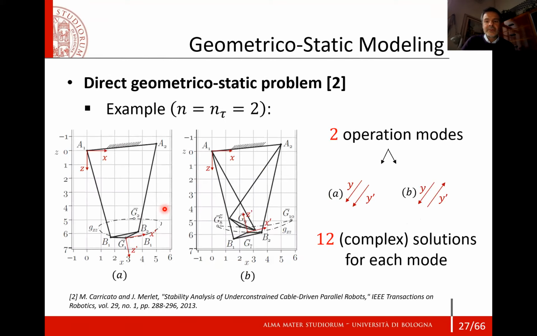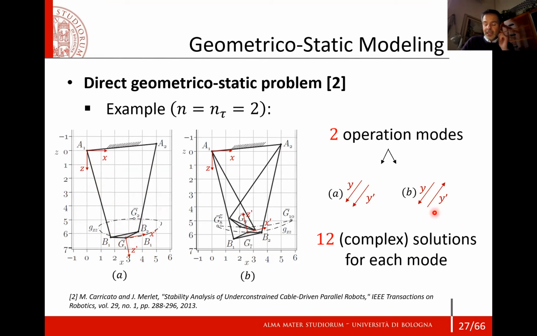A few results. If we consider a system with 2 cables and we assume that they are all taut, we have a fixed reference frame that we call XZ, a mobile coordinate frame that we call XY and ZY, and we can have 2 operation modes depending on the axis Y prime pointing in the same direction as Y or in the opposite direction.